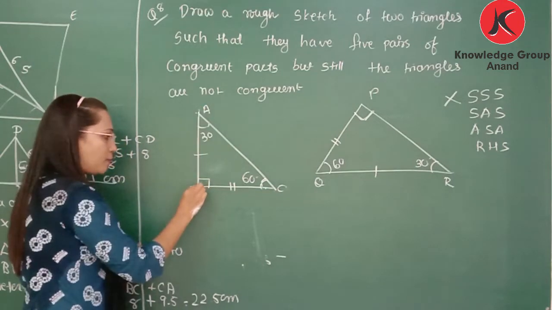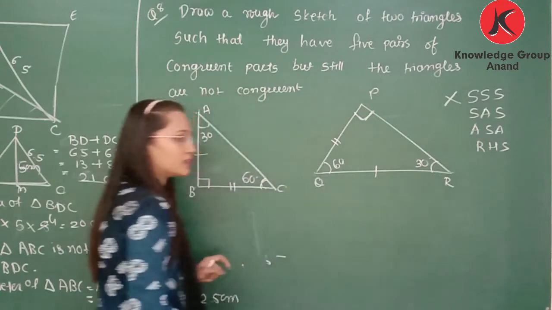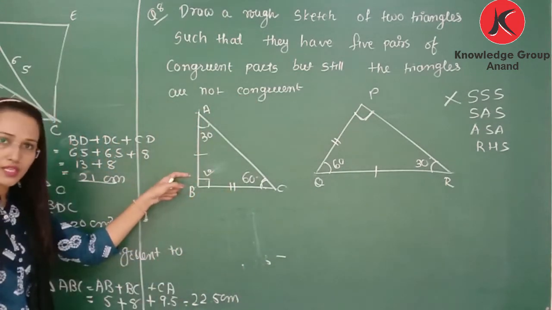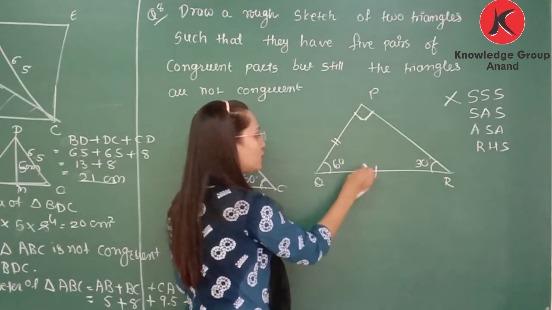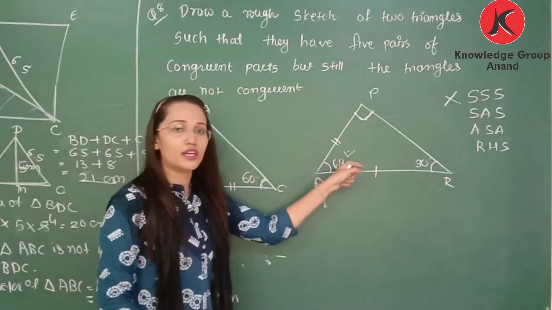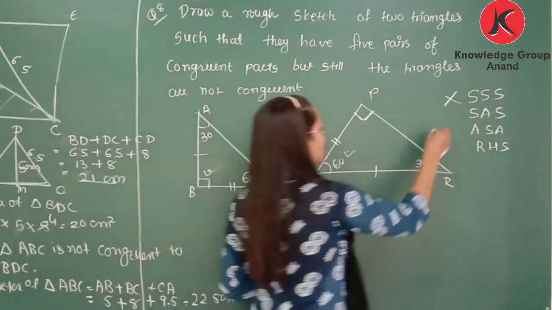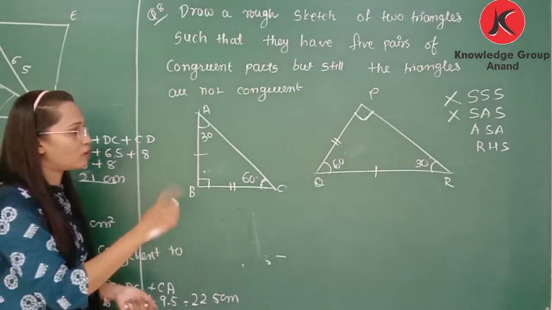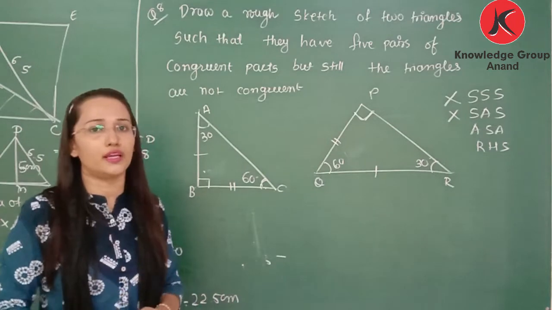If we consider AB and BC, and PQ and QR, then these 2 sides have an included angle. Here the included angle is 90 degrees and here the included angle is 60 degrees. So again we cannot apply the SAS criteria. Clear?